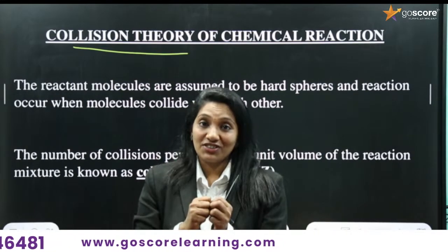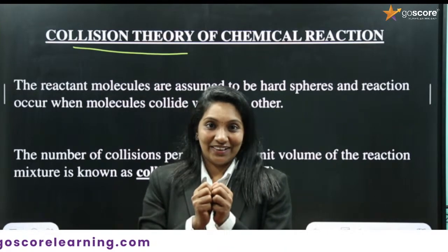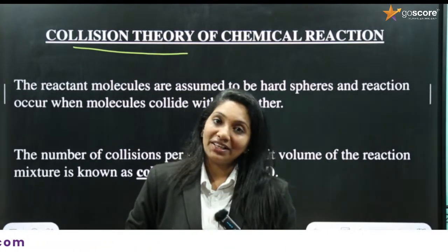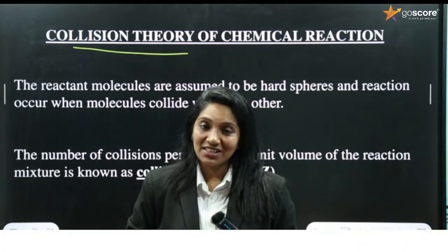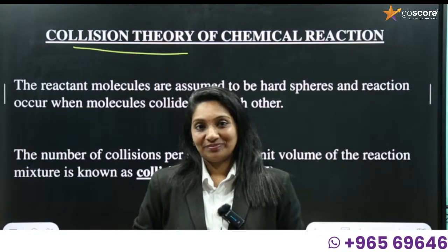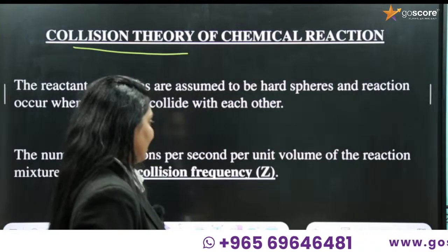The spherical structures will collide with each other. Not all the collisions will lead to the formation of product. Only the effective collisions will lead to the formation of product. Then what is this effective collision? We will discuss it later.